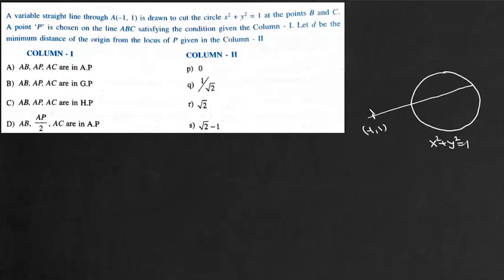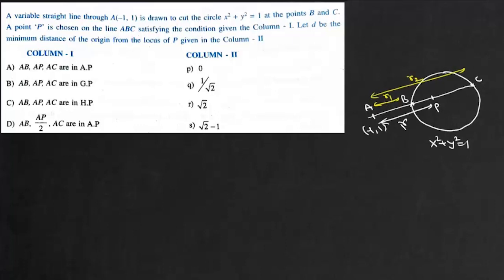So this is your point A, minus 1 comma 1, and it intersects this circle at B and C, and there is any general point P on this line which is suppose at a distance R from A, and also let distance of B from A is R1 and distance of C from A is R2.